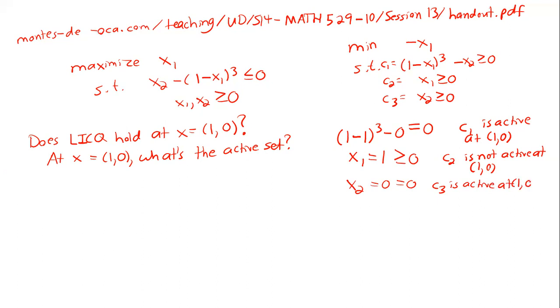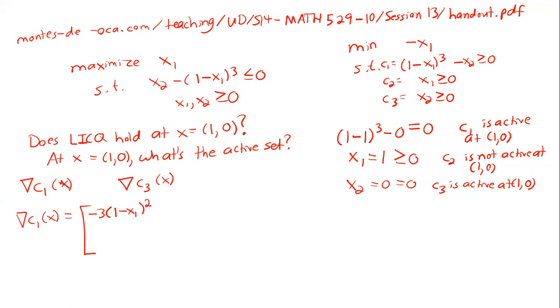Now that we have our active set, we need the gradients of the constraints in the active set. So we need the gradient for C1 at x and the gradient for C3 at x, and we need to look at whether or not these are linearly independent. The gradient for C1, let's write it in terms of a general x for a second, and then plug in the correct value.